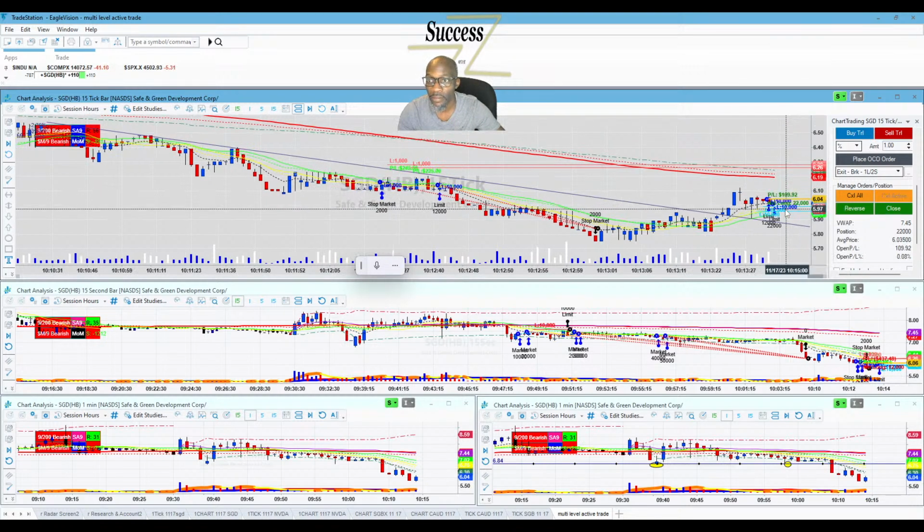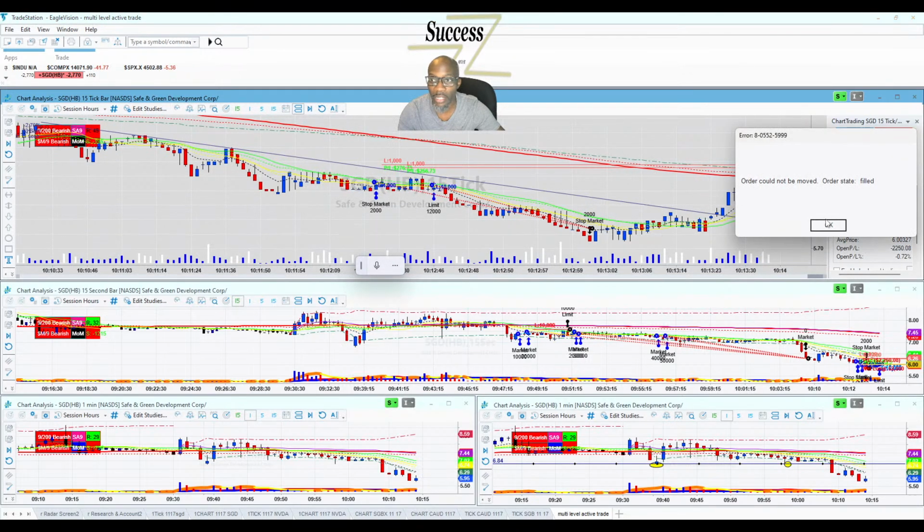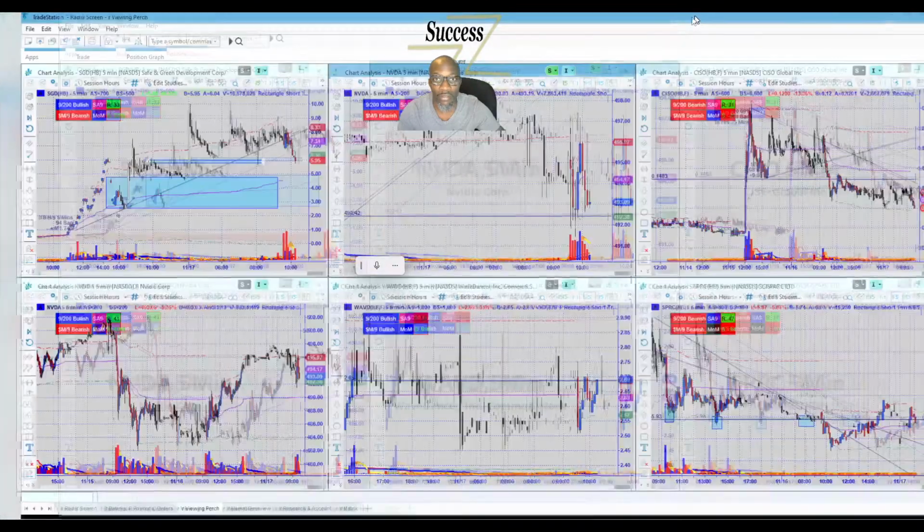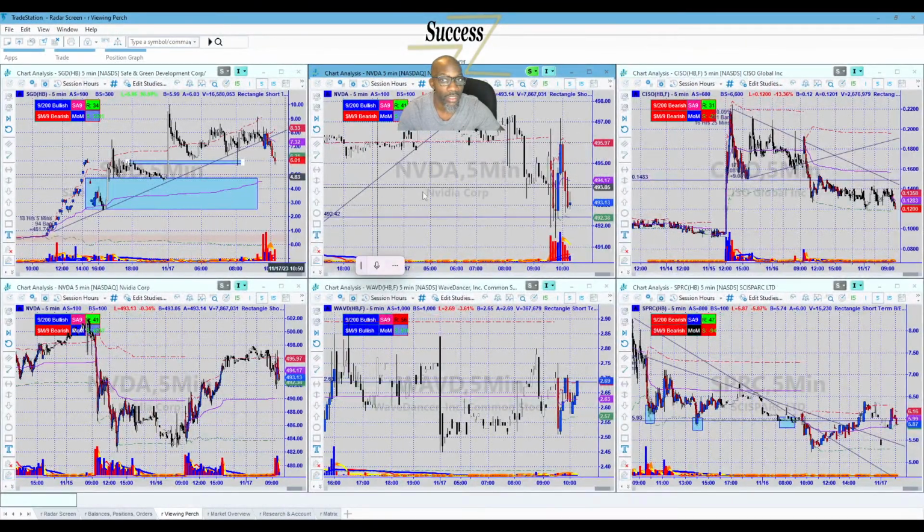Order filled. Yeah. Order filled. Get me in. Order filled. Did it go down to the area that I had identified on this one? SGD? Oh, it's playing around in this area. Oh yeah, it stopped up here before, and now it came down to this area.